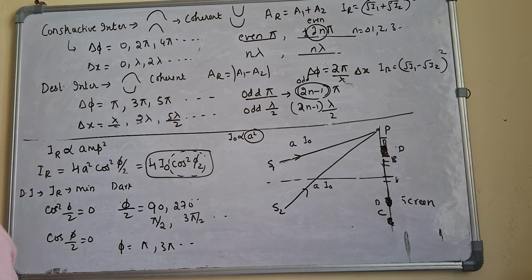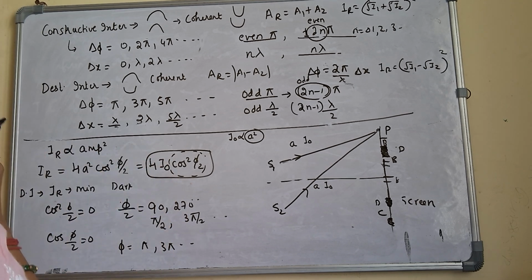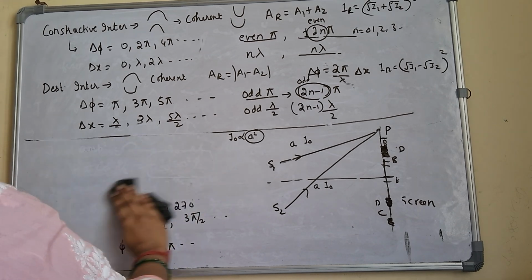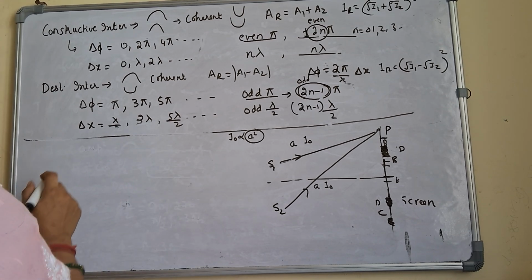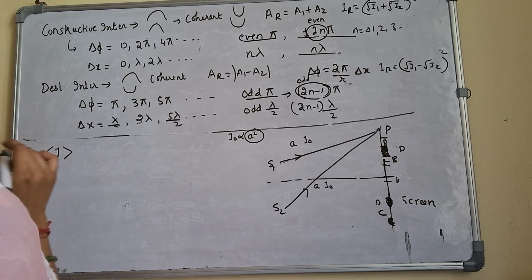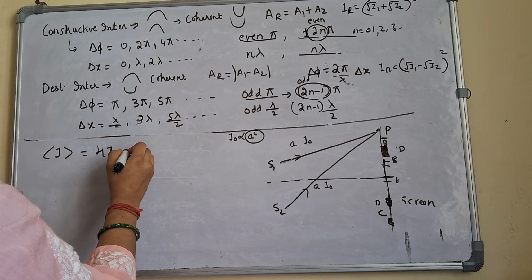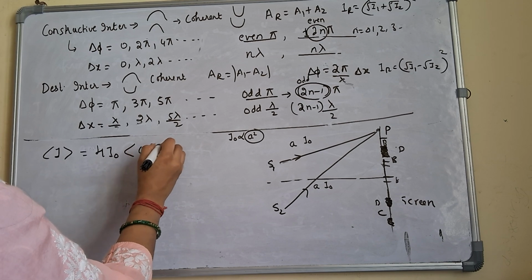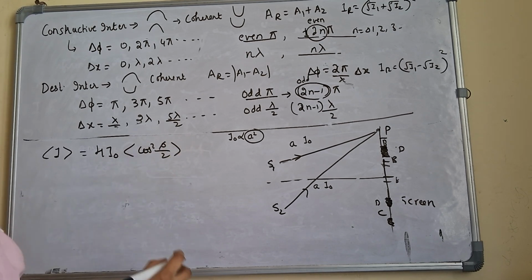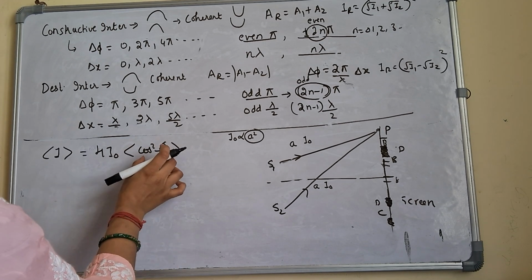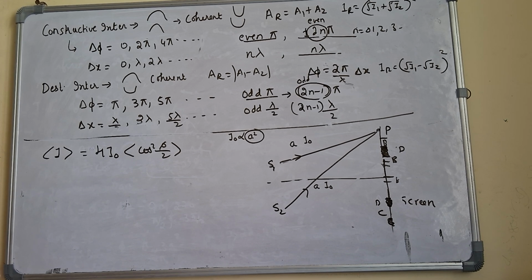Now, if neither of these conditions holds, if the phase difference continuously varies with time, there is something called average intensity. You write it in angular brackets. It will be 4 I naught into cos square phi by 2, averaged. The average value of cos square phi by 2 is half.